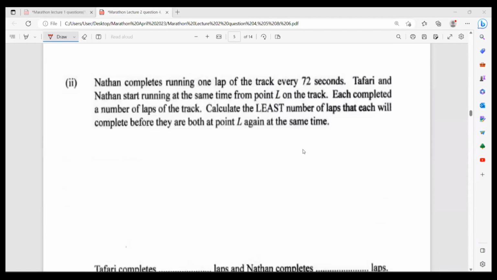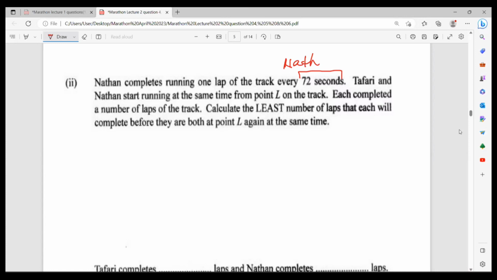Michelle, the questions are deep. It says here that Nathan completes running 1 lap around the track every... This is Nathan. I'm just going to put Nate. Nathan completes his lap in what? 72 seconds. So he's taking a little longer than Tafari, as you could see.